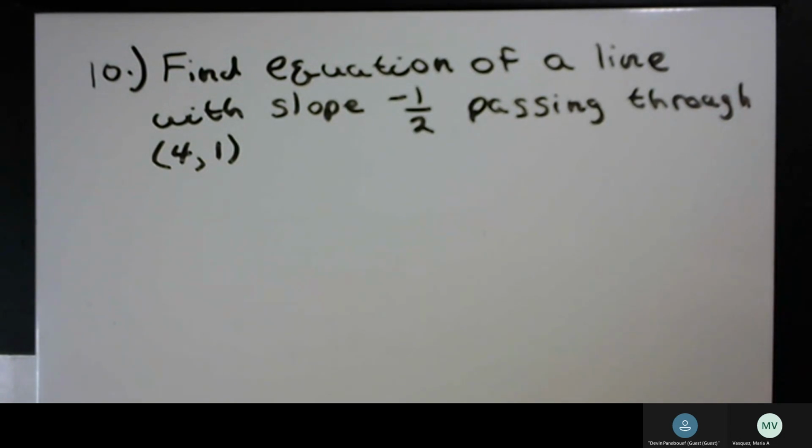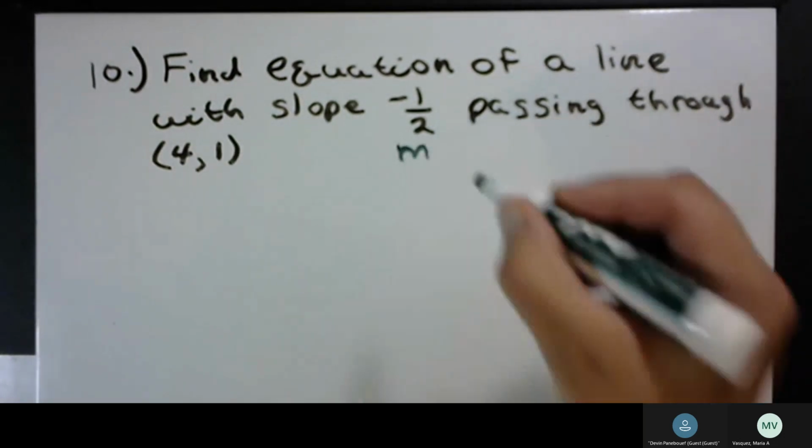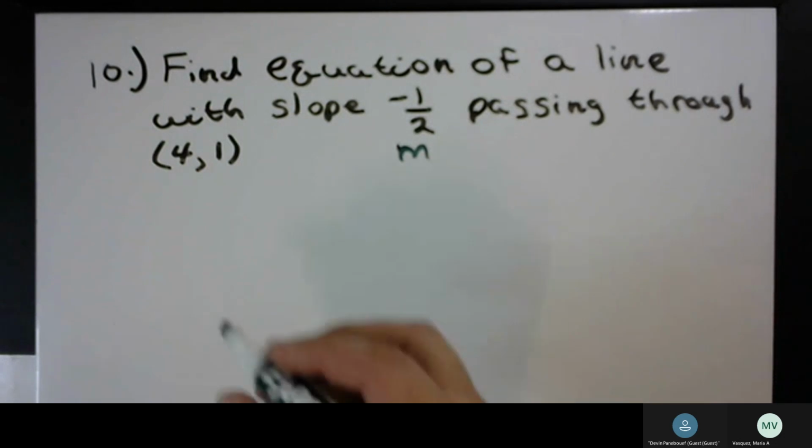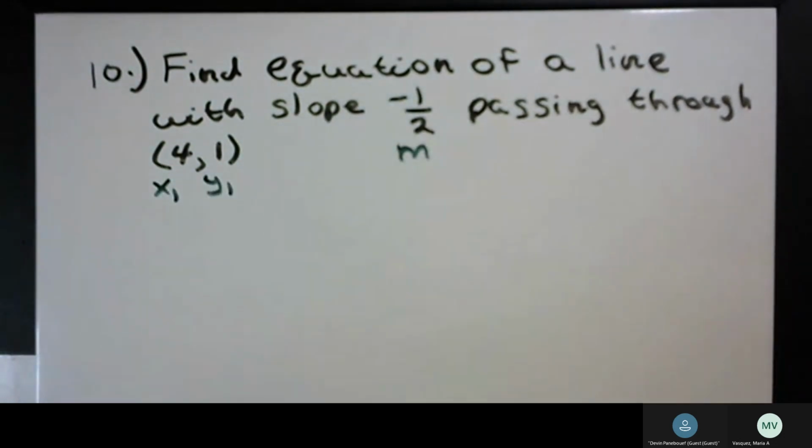Now what we're going to use here is what's called the point slope formula. So the slope we're going to call m. And the point we'll call x1, y1.